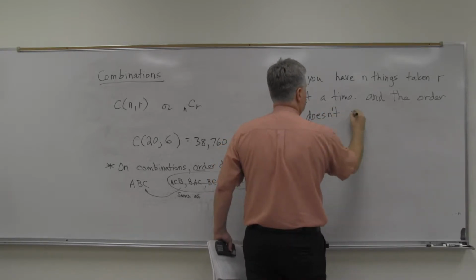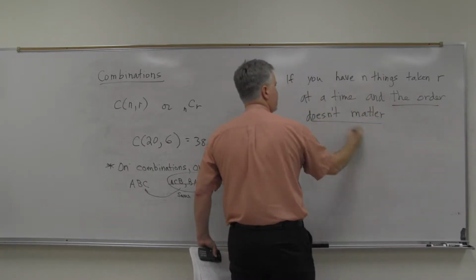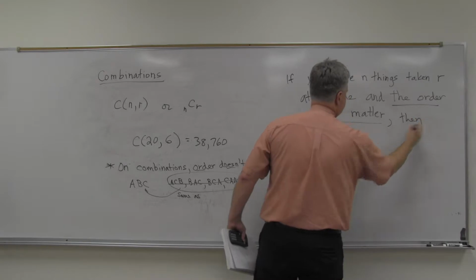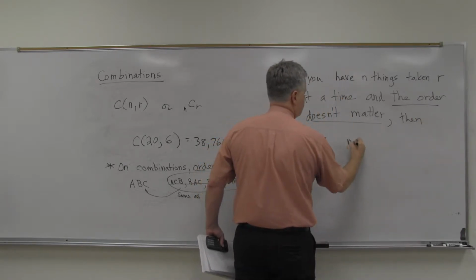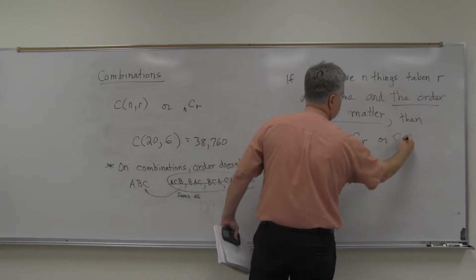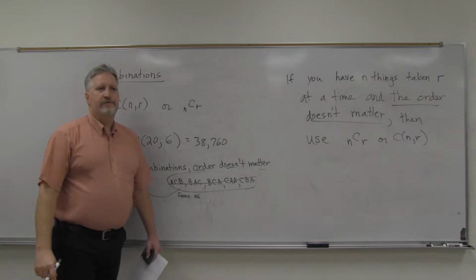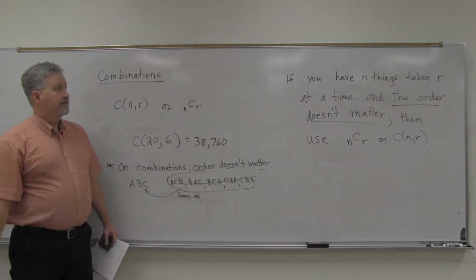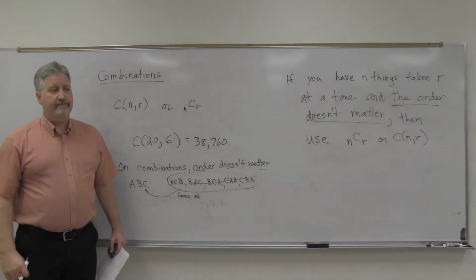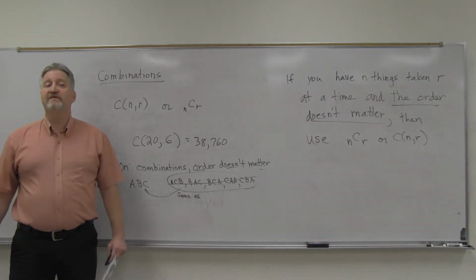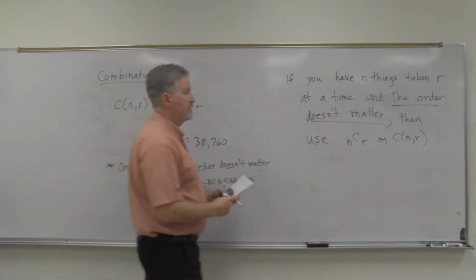Underline that. Then use nCr or C(n, r). If you've got n things and you're going to take r of them at a time, use nCr. It's a combination, okay?